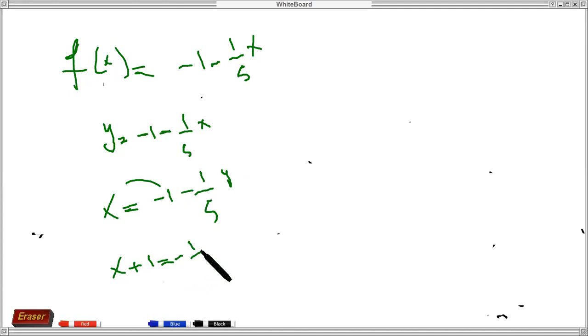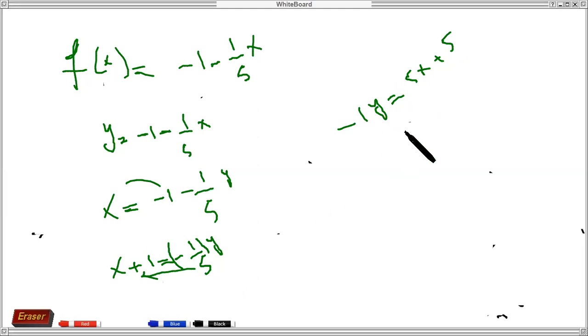Equals minus 1 over 5 with y. So we multiply both sides by minus 1 over 5, or simply multiply 5 to the other side, so we have minus 1y, it means minus y, equal to 5x, and we have plus 5, because this 5 multiplies with x and also with 1.